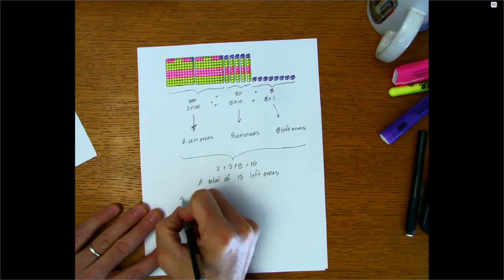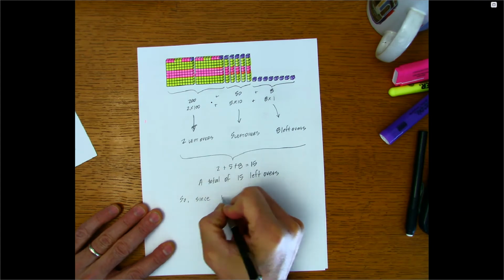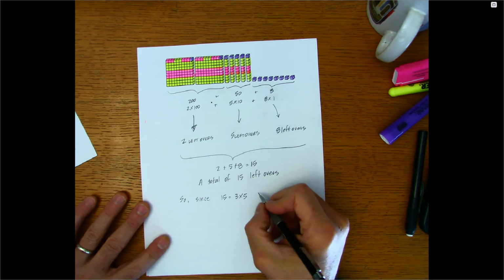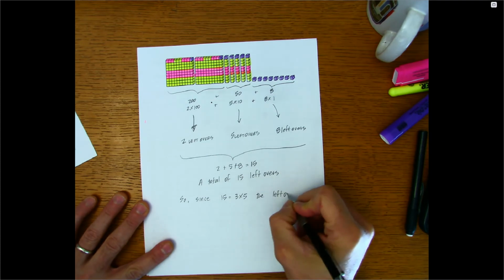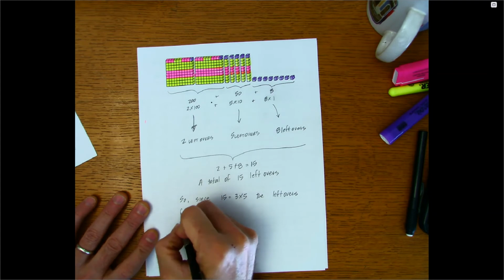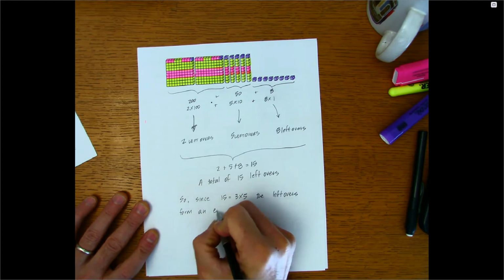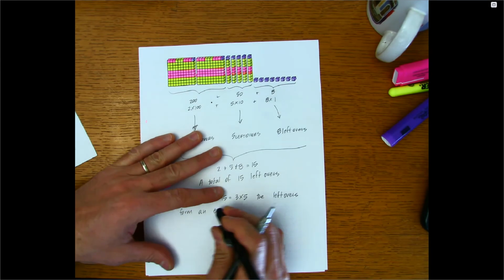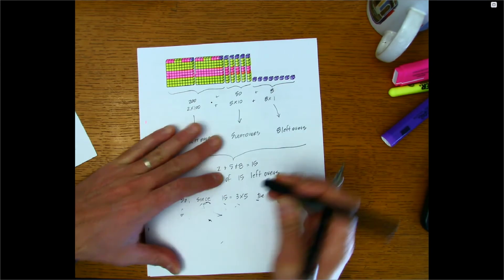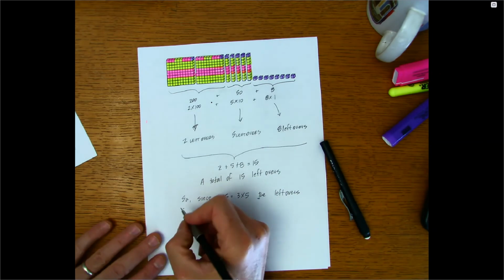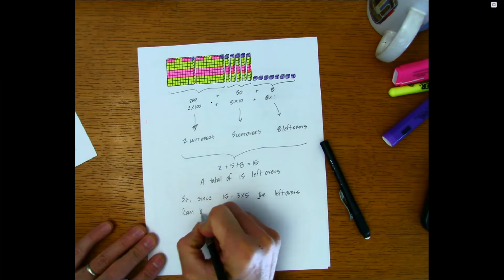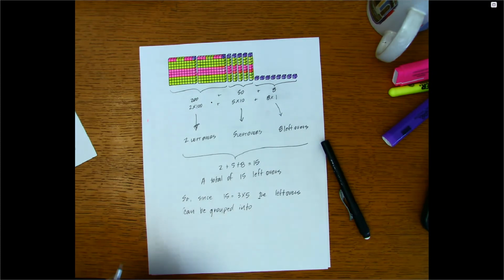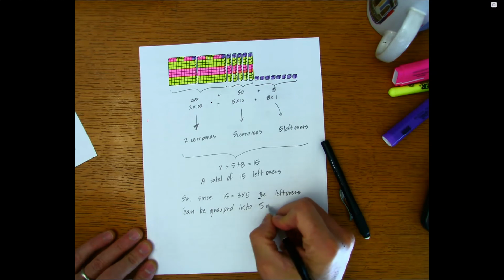So since 15 is equal to 3 times 5, the leftovers can be grouped into 5 more groups of 3.